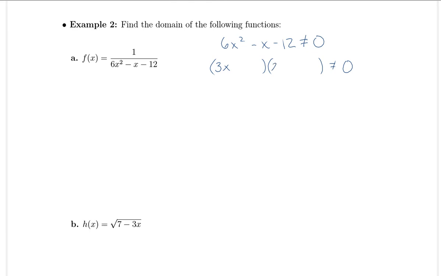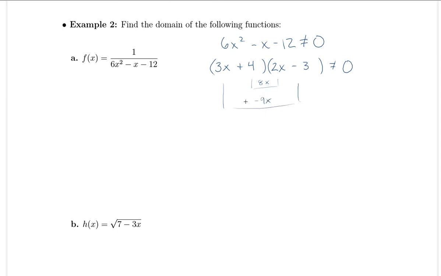It turns out 3x and 2x will work as long as you put plus 4 and minus 3 here. And so remember, to make sure that it works, you're going to add the inside and the outside.